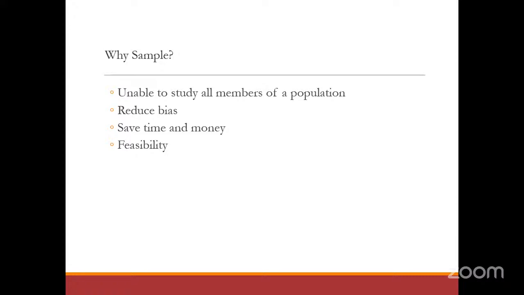So why sample? Why are we not collecting the information for the whole population? Because we have to reduce the bias, we have to save our time and money, and we have to do it in such a way that it should be feasible also. So there is no need to take information from all members in the population.